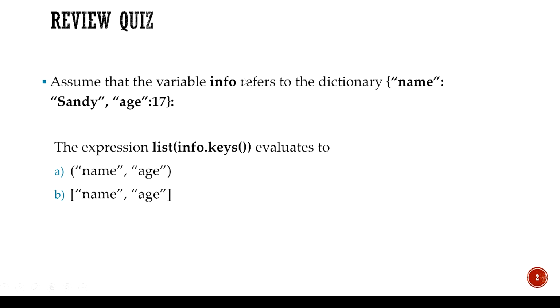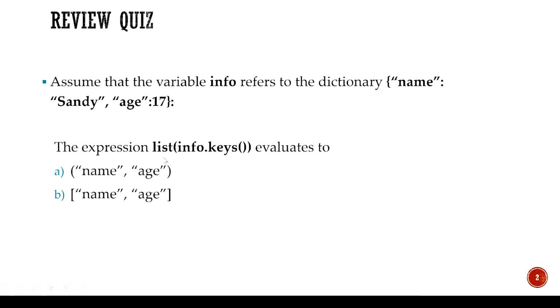That being said, the question is, assume that the variable info refers to this dictionary, name and age. The expression list(info.keys()) evaluates to which option? Okay, so we have a dictionary which has two keys and one value for each. Here we see info.keys, which extracts the keys in our dictionary, and also we see list.